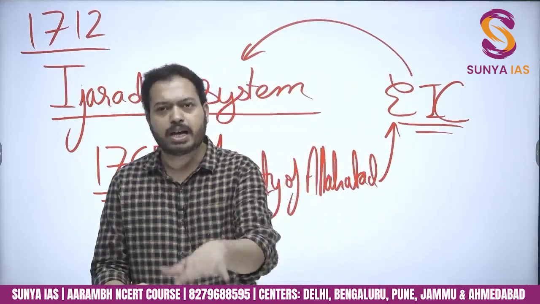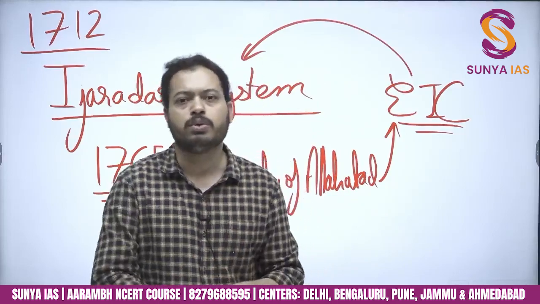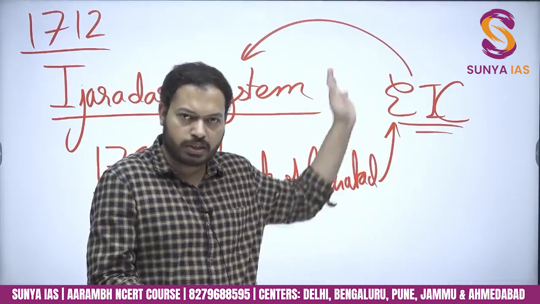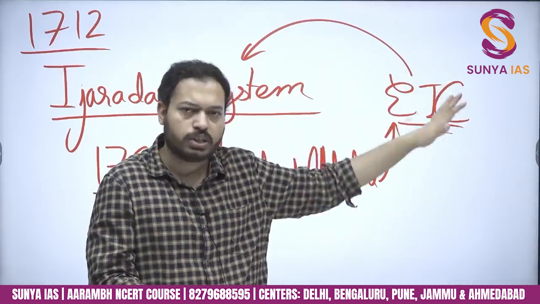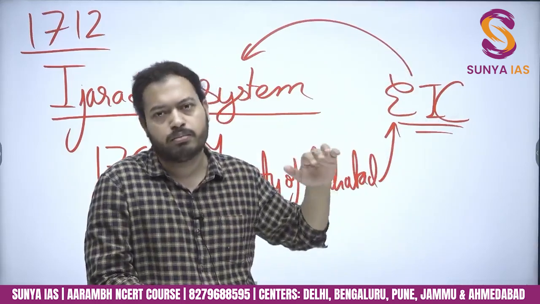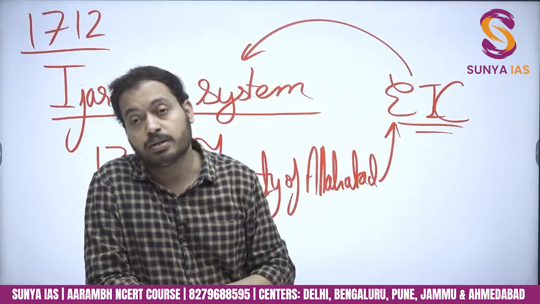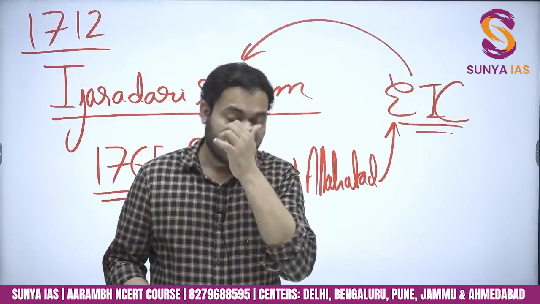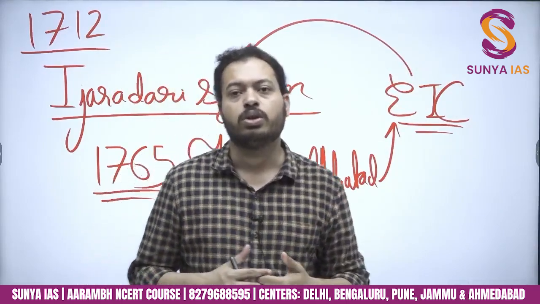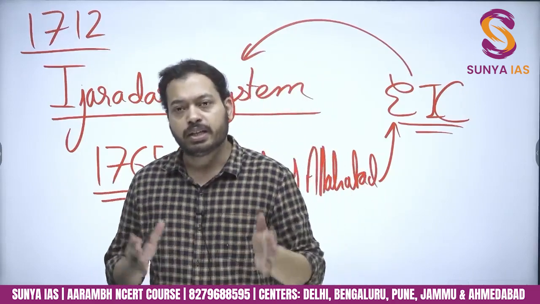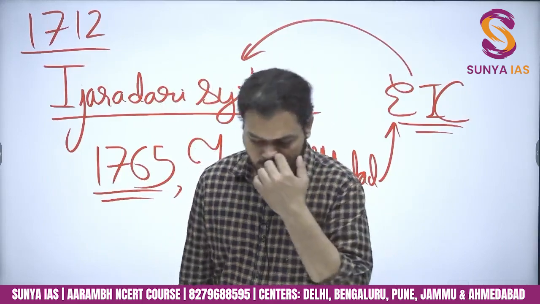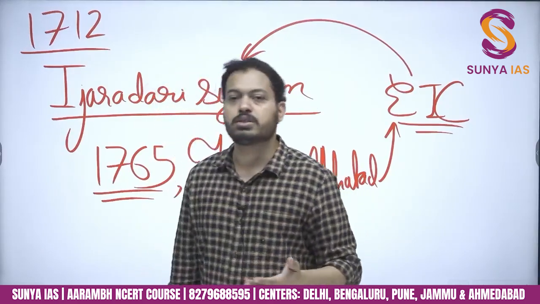But the Izaradari system led to the Bengal famine, and we'll be talking about what exactly they did wrong in a separate section in much more detail. For the meantime, understand that the Izaradari system was neither providing them enough revenue which they wanted to collect from Bengal, nor sustaining the people.